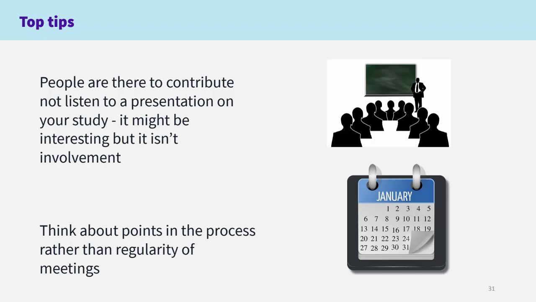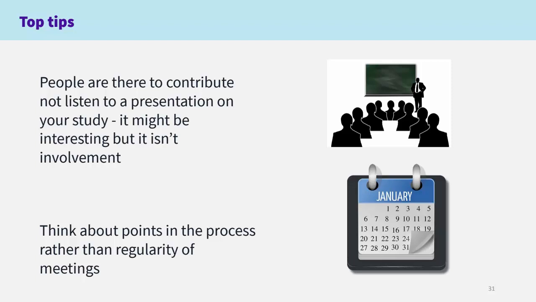If there was one message that I would give to people, it probably is this first one, because I see so many people trying to do PPI and it all goes slightly wrong, because what they do is they stand up and do a presentation, and researchers love talking about their own work, and then they do a 30-40 minute presentation, turn to a PPI group and say, right, what do you think?